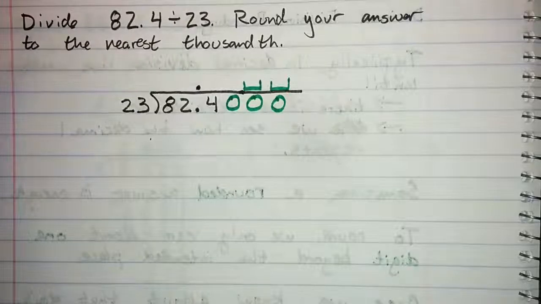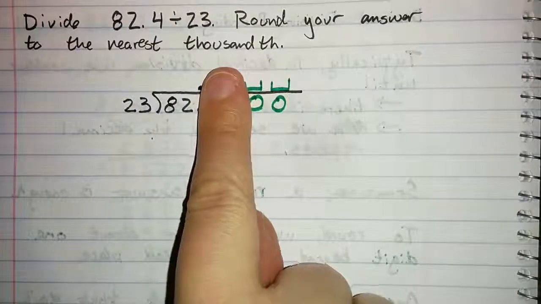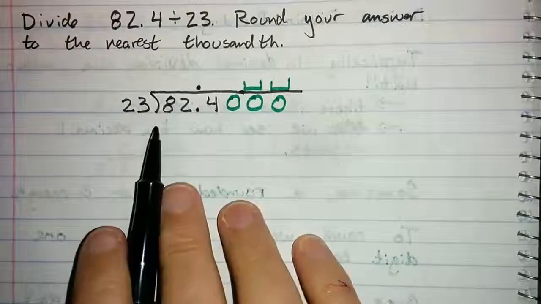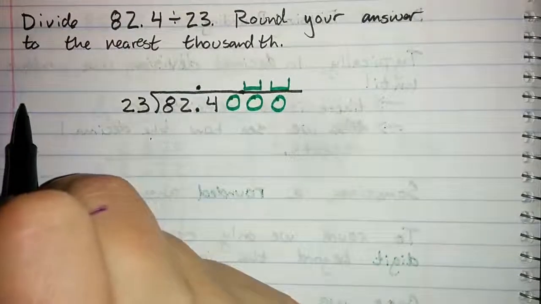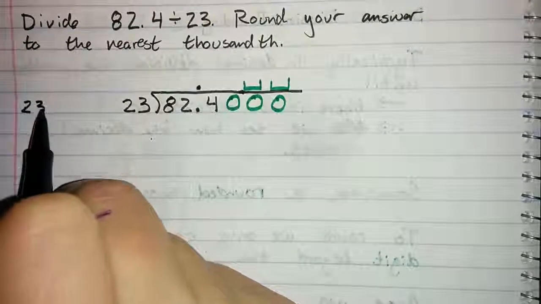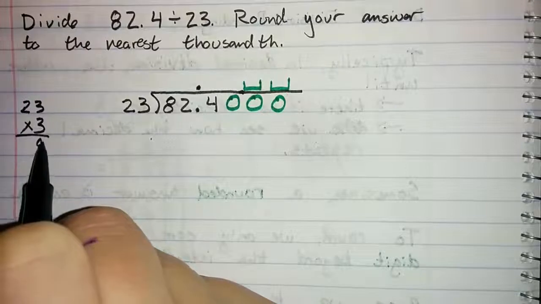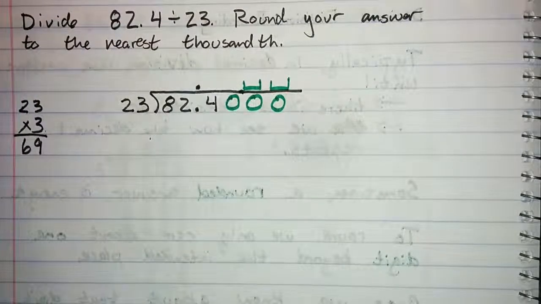All right, so 23 goes into 8, not at all. It goes into 82 at least once. Let's see how many times. I think that 3 is probably a good guess. 23 times 3. Well, 3 times 3 is 9. 3 times 2 is 6.